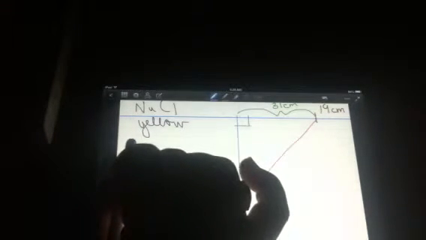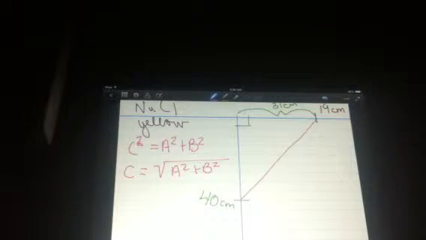Because I'm going to need my angle. To find my hypotenuse, we are assuming that this is a right triangle. So I'm going to go back to the Pythagorean theorem, c squared equals a squared plus b squared. So c equals the square root of a squared plus b squared. Make sure you remember your order of operations.